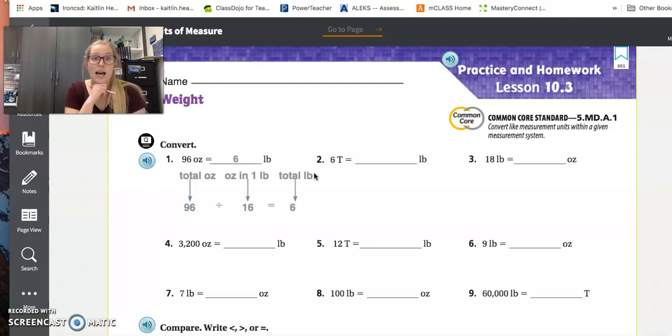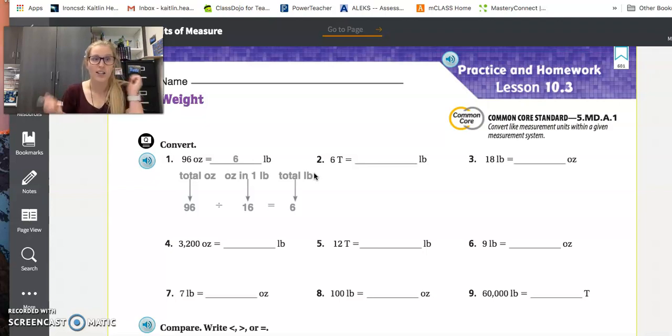So if I were to say, how many pounds are there in 2 tons, you'll be able to say 4,000, because 2,000 times 2 tons would equal 4,000. You also need to realize that 3,000 pounds is going to be 1.5 tons, because we've got that half, okay?